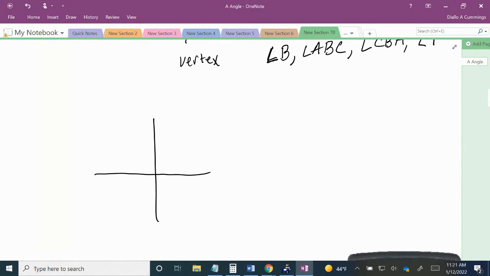In the Cartesian coordinate system, we have the x-axis as our horizontal axis, and the y-axis as our vertical axis. These two axes meet at a point called the origin. The origin has coordinate (0, 0).